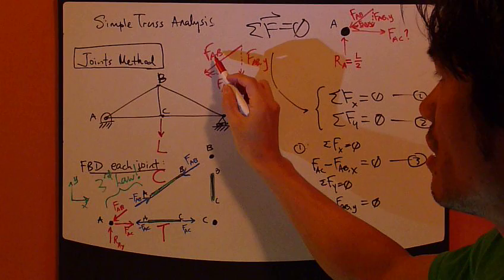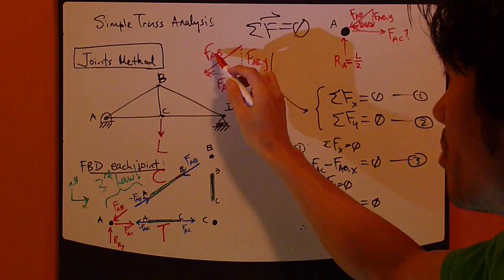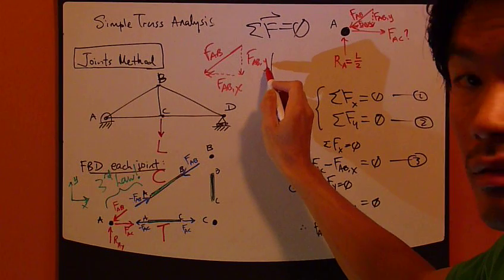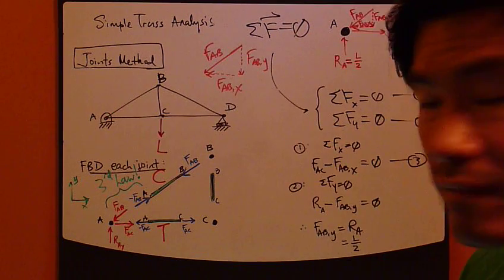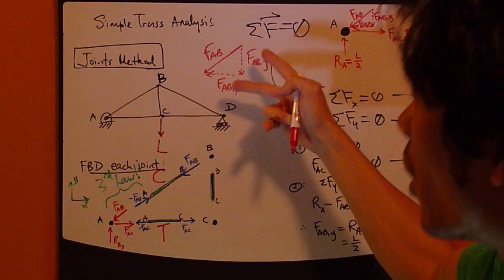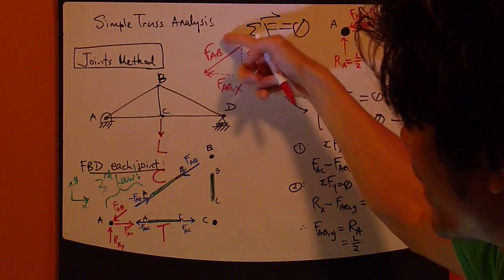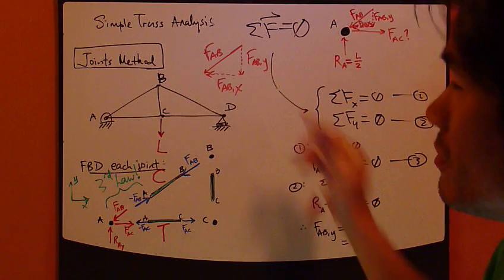First of all, recognize that they all have the same base subscript, FAB something, and FAB something else. And second, they belong together. These two, FABX and FABY, are the components of FAB. They belong to FAB, and they form this special triangle.